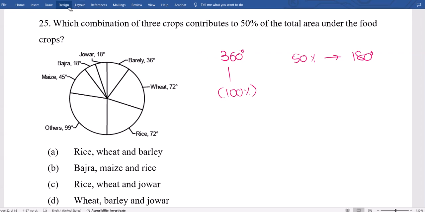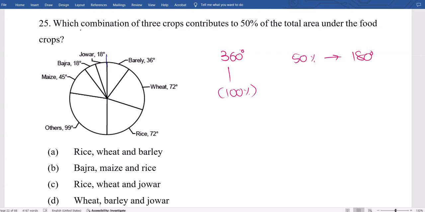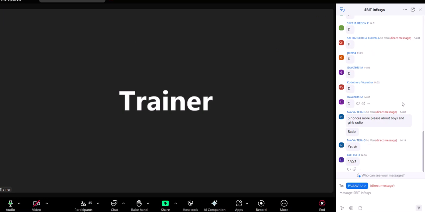Others, you have a look into the diagram. These three, barley, wheat and rice, because that is half of the portion, no? Diagram visualization is also sufficient. No need of calculations always. 36, 72, 72 is 180 degrees, and you can see exactly half of the part is covered by that. Yes or no? At least I expected for this question people will respond.